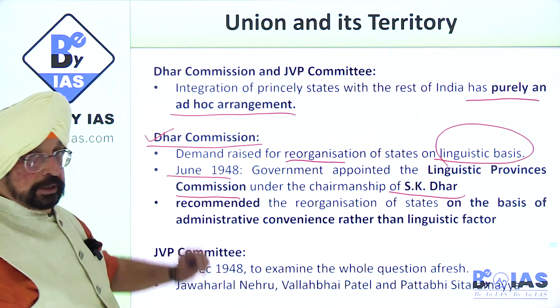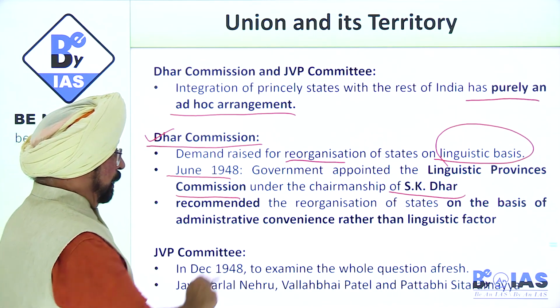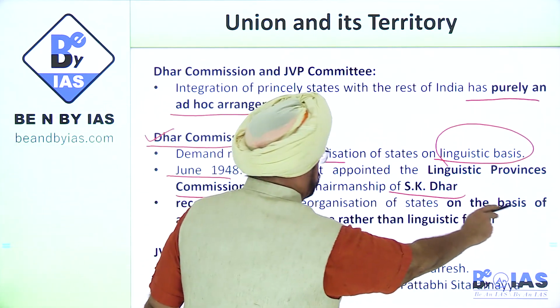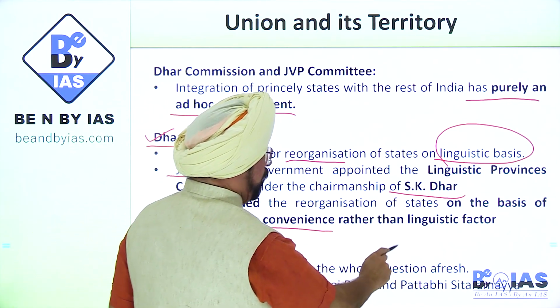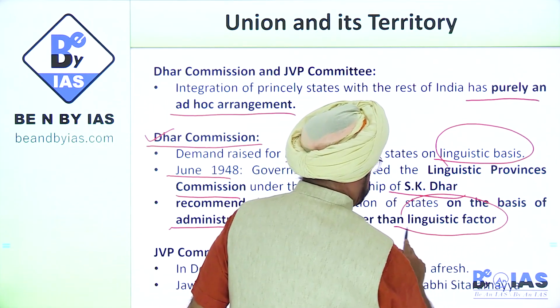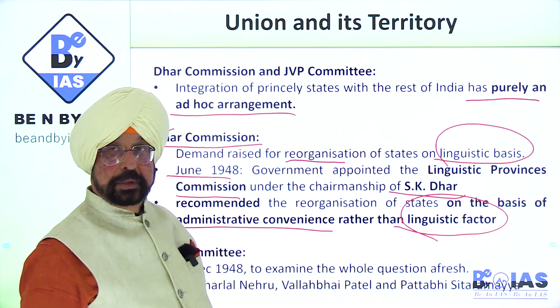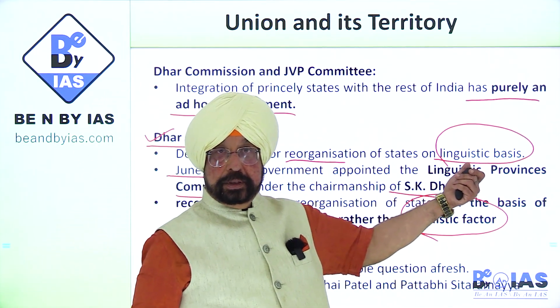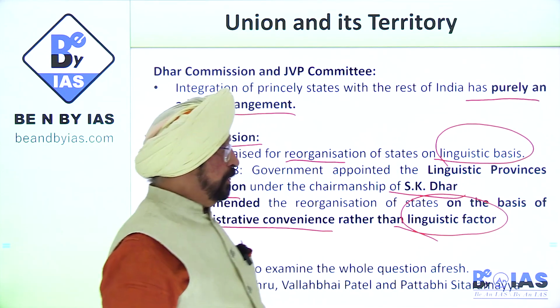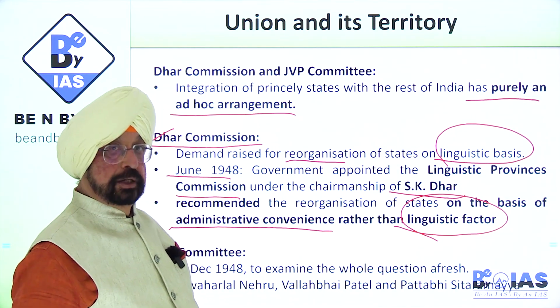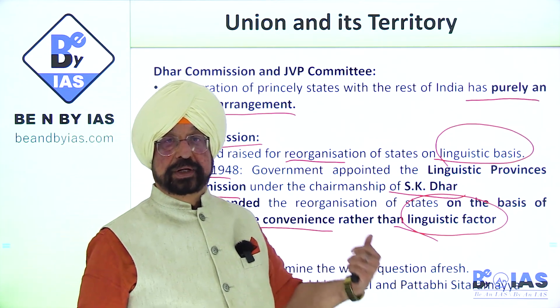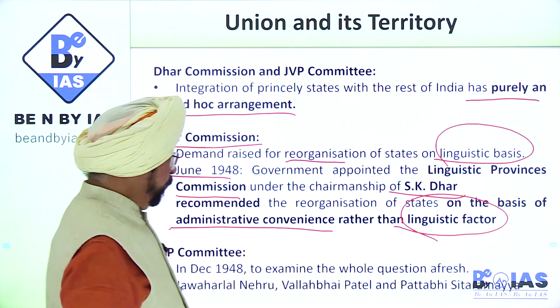What was the recommendation of that commission? The reorganization of the states on the basis of administrative convenience and not on linguistic factors. So they rejected the demand for reorganization on the basis of language. They said no, administrative convenience should be the criteria.